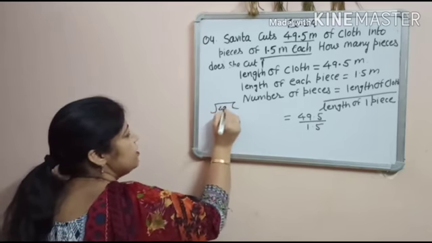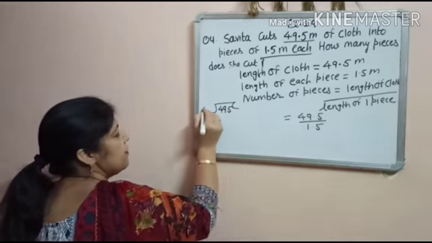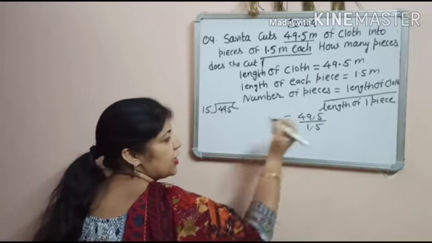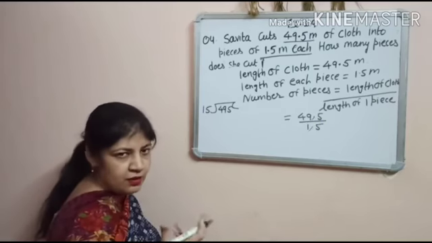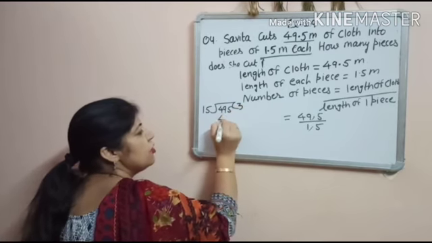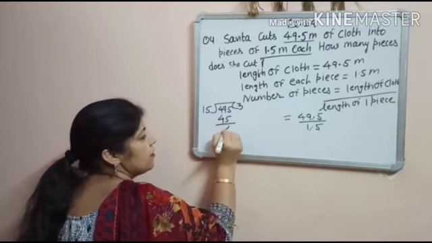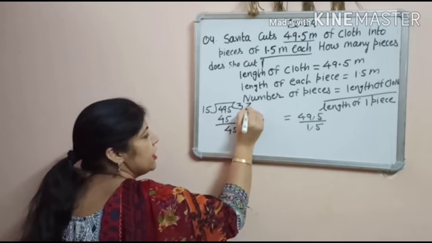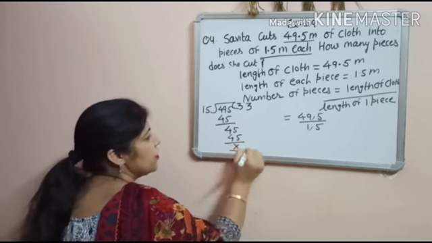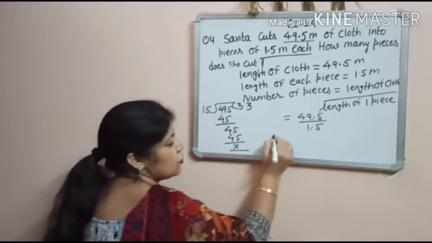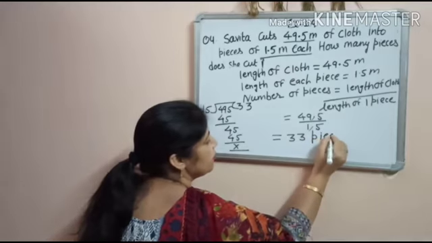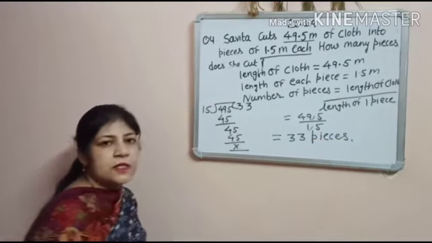So now divide 495 by 15, because both are like. The decimal will cancel. So, 15 fives are 45. Now, again, it will be divided by 3. 15 3s are 45. So your answer will be 33 pieces.